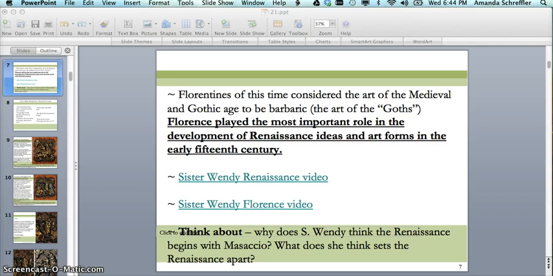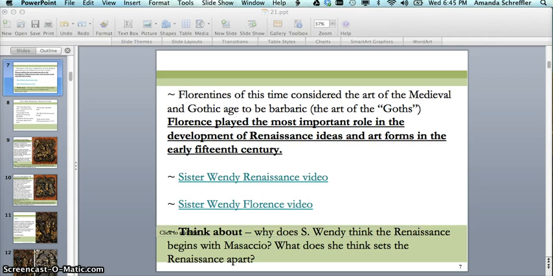And I have another bolded underlined statement here, which of course we should know by now. Florence played the most important role in the development of Renaissance ideas and art forms in the early 15th century. And you also want to remember that the Florentines sort of rejected medieval and Gothic art. They considered it to be barbaric.